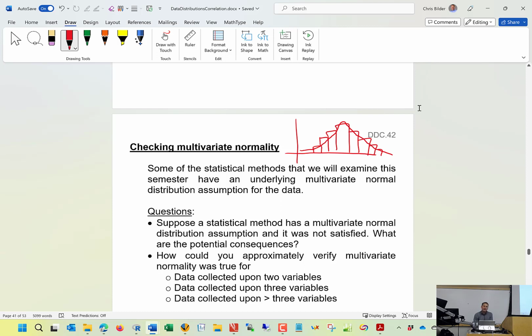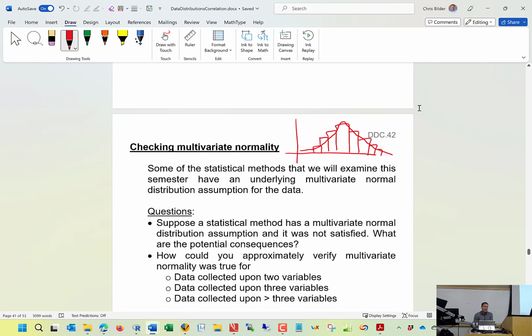Suppose though that you had a trivariate situation with 3 variables. How could you check whether it's reasonable to say the sample came from a population characterized by a trivariate normal distribution? Now it's going to be a little bit more difficult. How about 4 variables, 5 variables, 6 variables? Even more difficult.